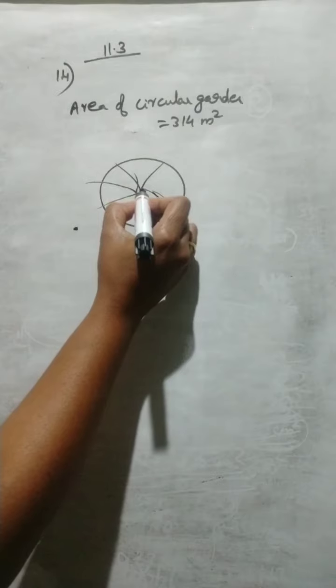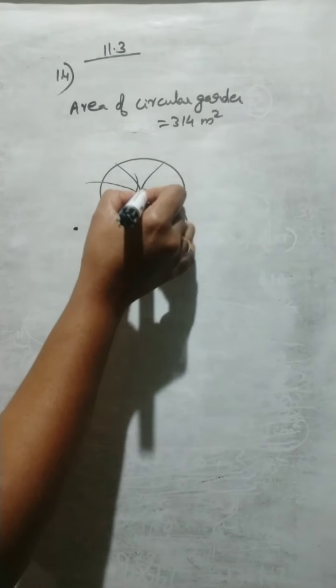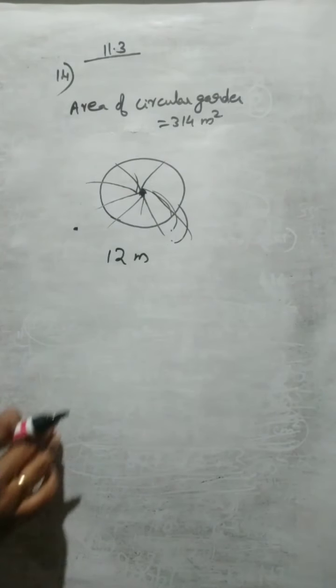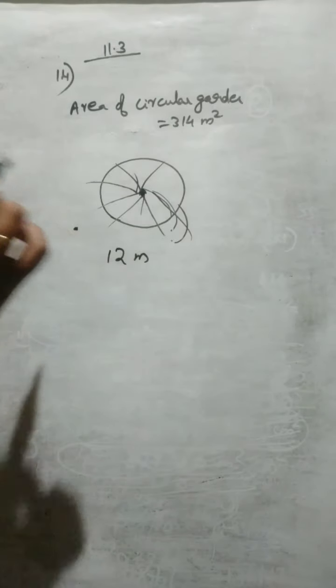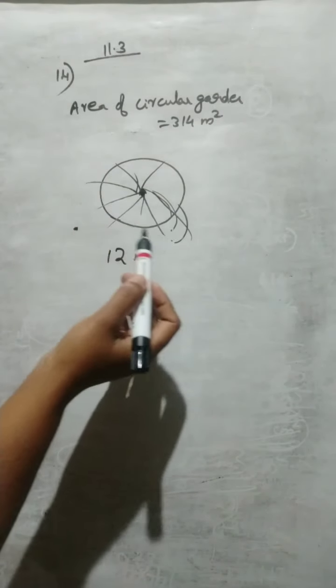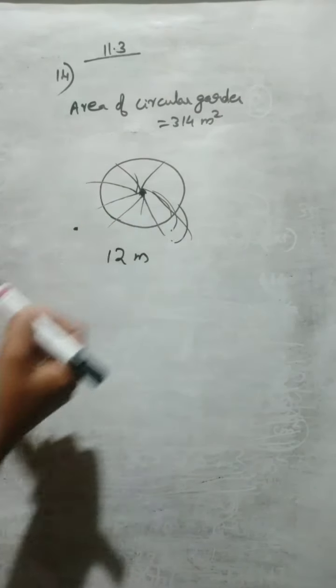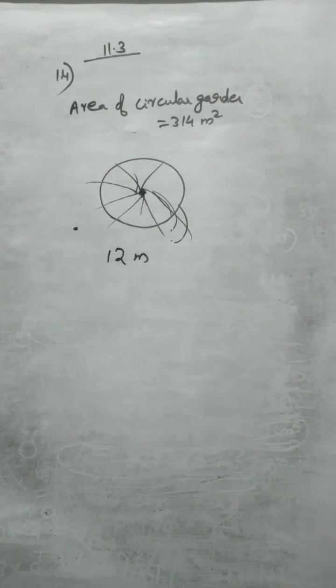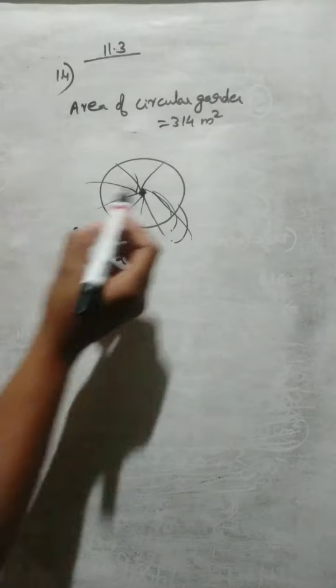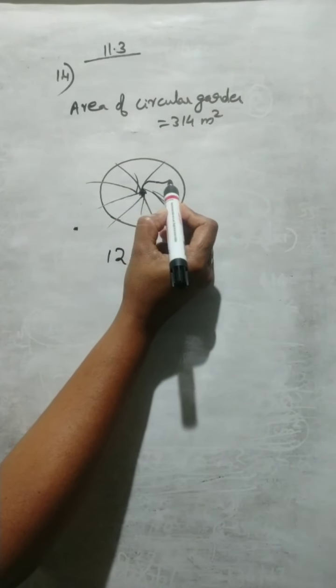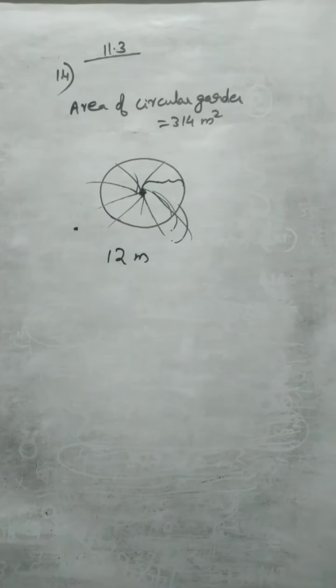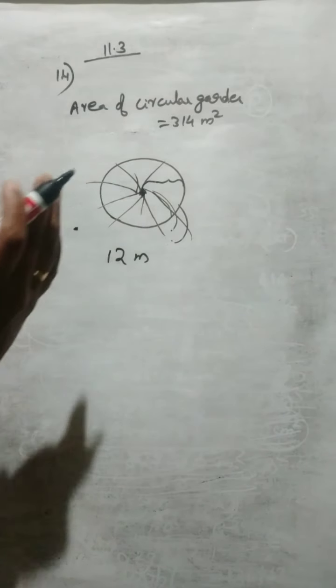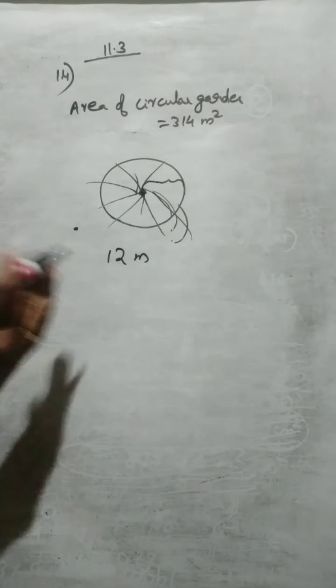Then at the center of the garden, there is one sprinkler that can cover 12 meter. So, we don't know the distance from center to the edge of this garden. Then only we can find whether this sprinkler can cover this garden.